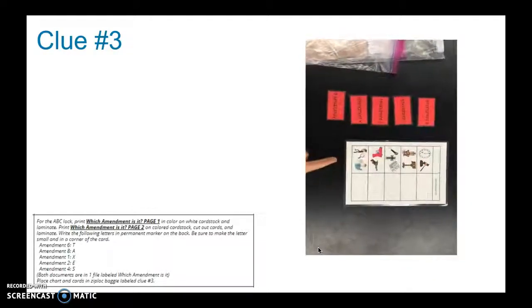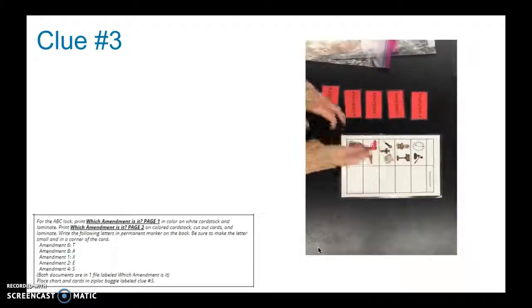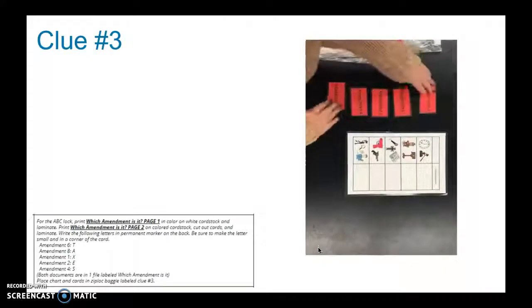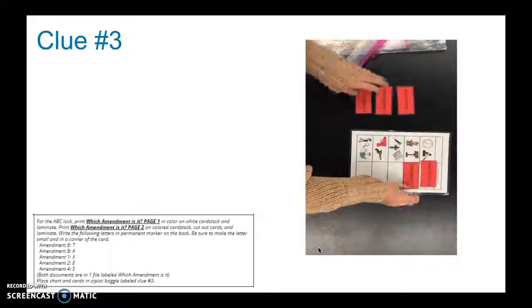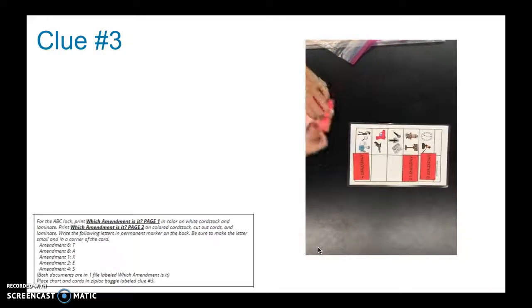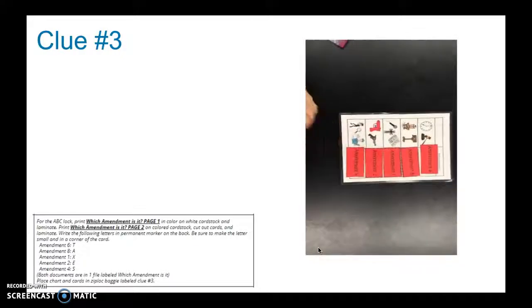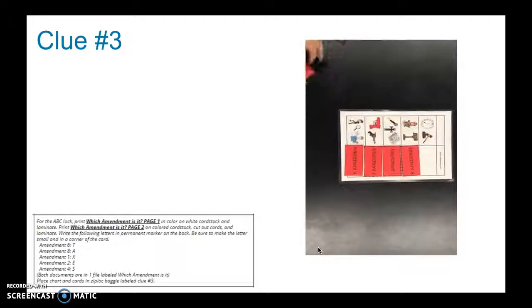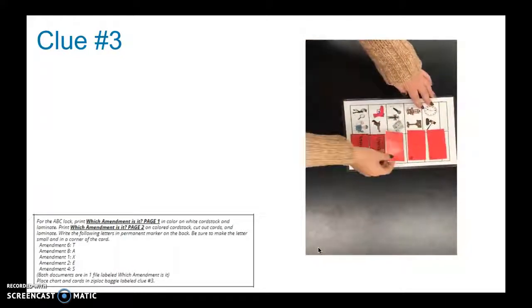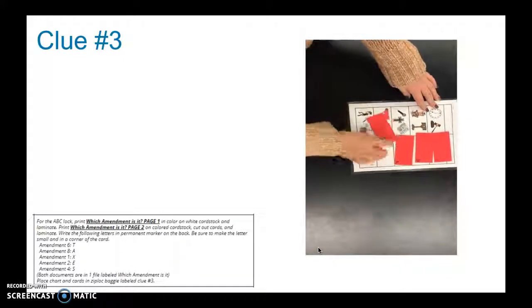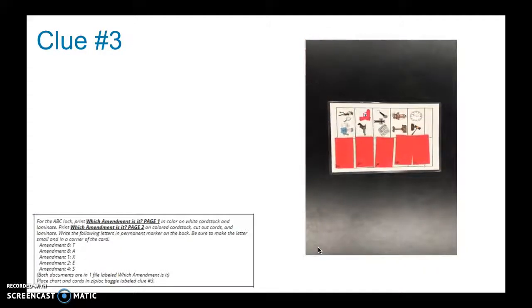Based on the pictures, you need to match the amendment to the clues given by the picture. When done, turn them over. And the answer to the 5-letter lock is taxes.